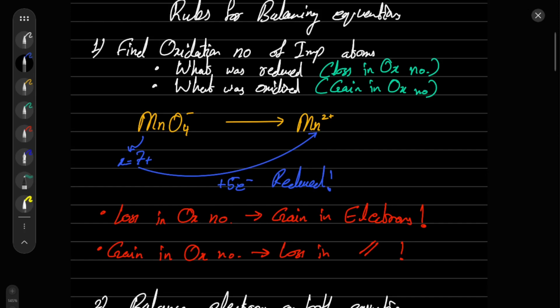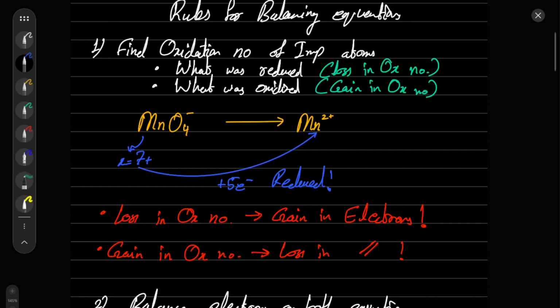I figured out the change: it went from an oxidation number of 7+ to 2+. That means it must have taken 5 electrons to become reduced. So now I can go forward with my next steps.